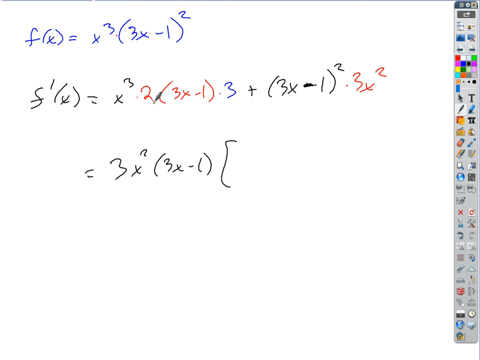I'm left with 2x, everybody agree? 2x plus 1. No, times 3x minus 1. Plus, here's my plus sign, plus 3x minus 1. Then over here I can take out the 3 and the x squared. I'm left with 1, with a 3x minus 1 to the 1. Everybody see that? That is so much more satisfying.